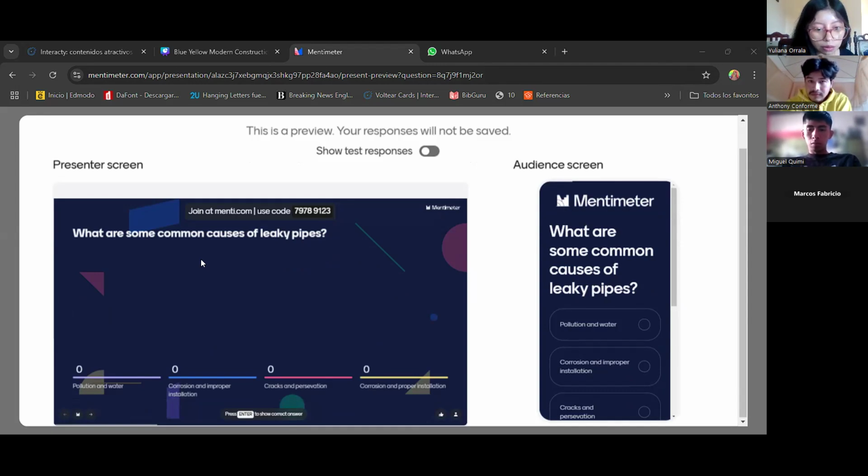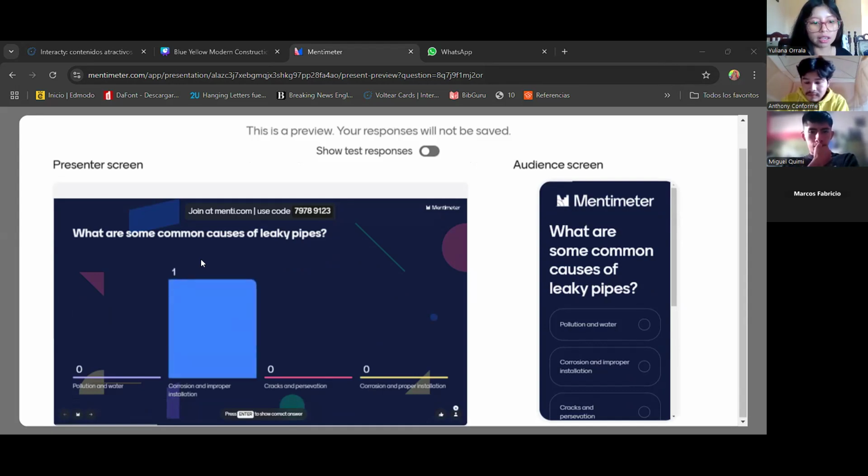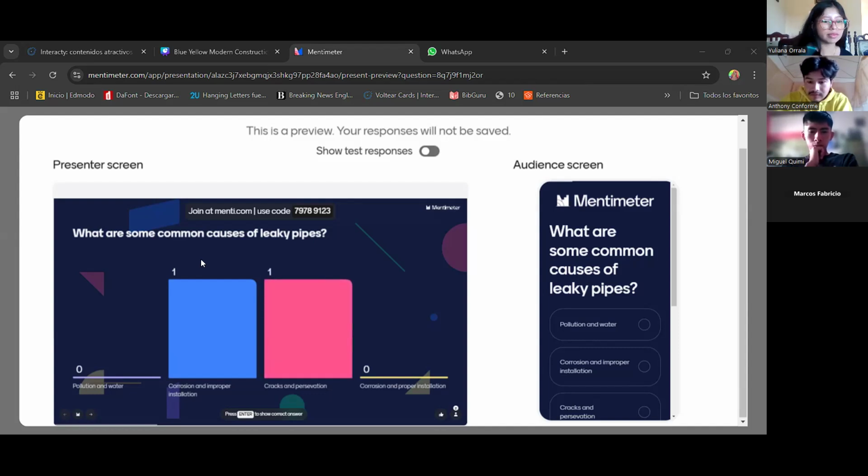The second, corrosion and improper installation. The third, okay, there is someone to respond. Cracks and preservation. And finally, corrosion and proper irrigation. Okay, we have two answers. And the correct one is corrosion and improper installation.